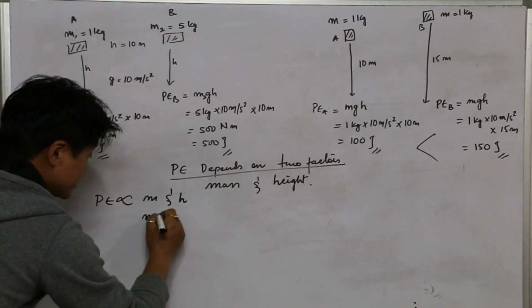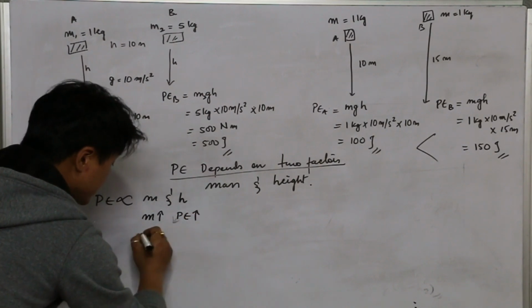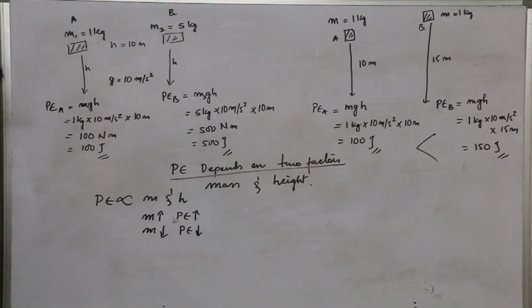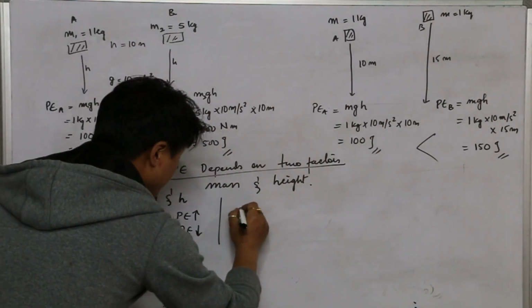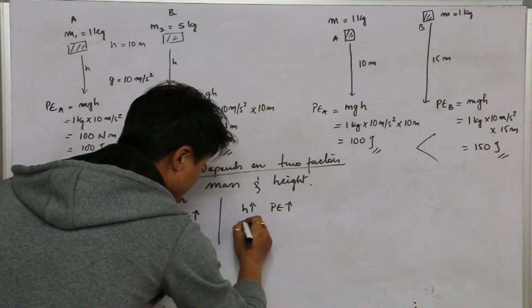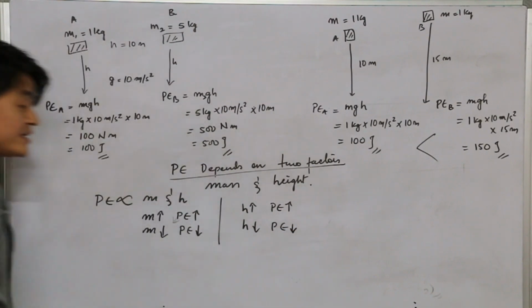If mass increases, potential energy will increase. If mass decreases, potential energy will decrease. When height increases, potential energy will increase. When height decreases, potential energy will also decrease.